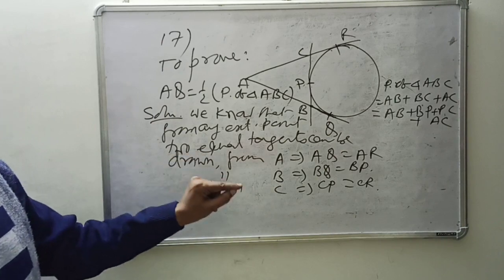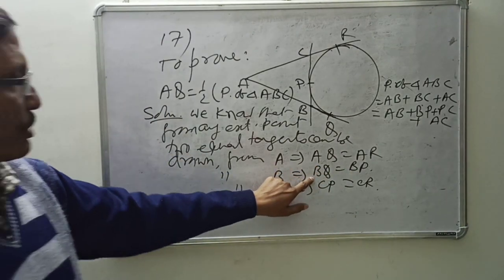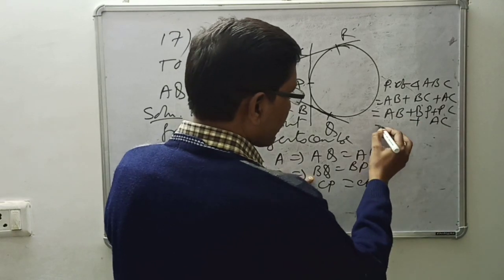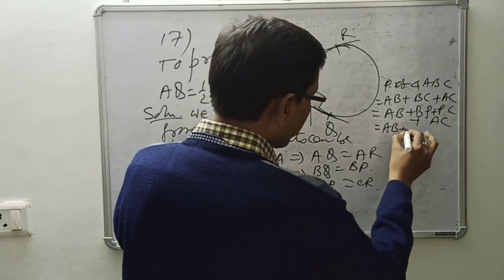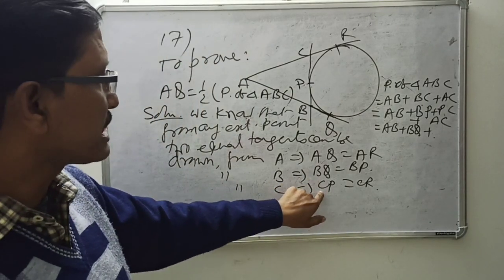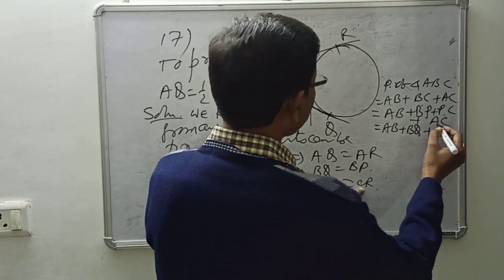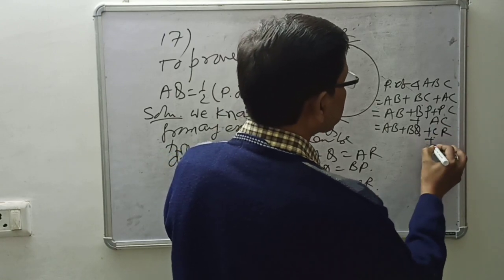Then BP equals BQ, so instead of BP you can write BQ, and instead of PC you can write CR, plus AC.